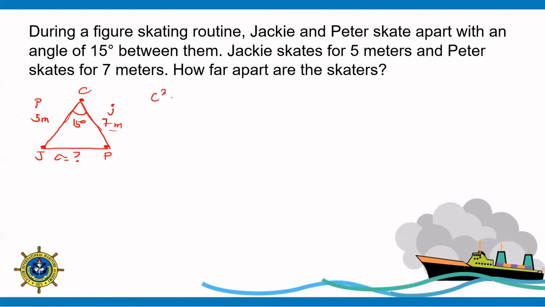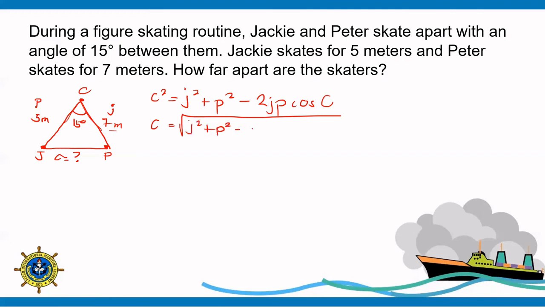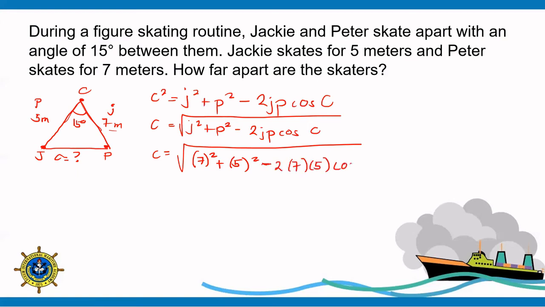So now we have C squared is equal to J squared plus P squared minus 2JP times cosine of C. So to solve for C, so this is the square root of J squared plus P squared minus 2JP cosine C. So kung sa-substitute po natin yung ating values, so J is 7, so squared, plus yung P natin is 5 squared, minus 2 times 7 times 5 times the cosine of C, which is 15 degrees. Okay. So now let's try to input this on your calculator.